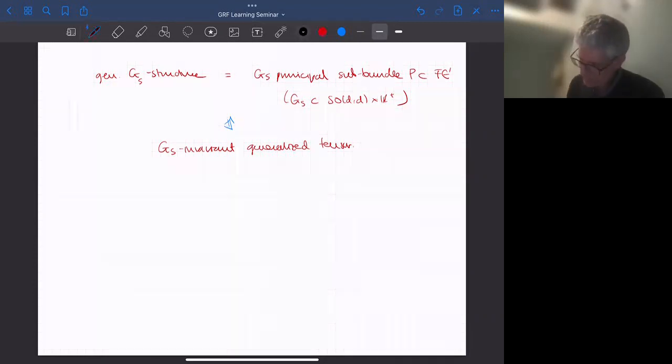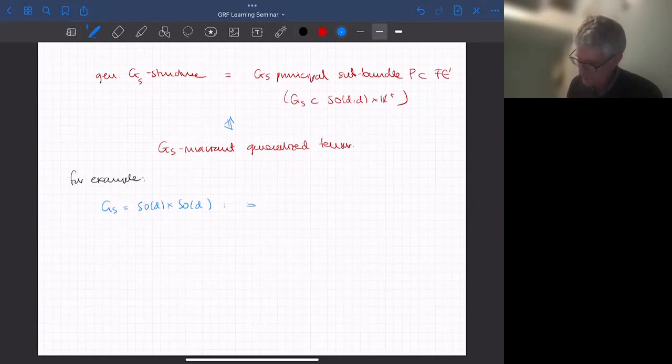So, for example, if we take G_S to be SO(D) times SO(D), this is equivalent to writing down some generalized metric. This is the analog of Riemannian geometry.